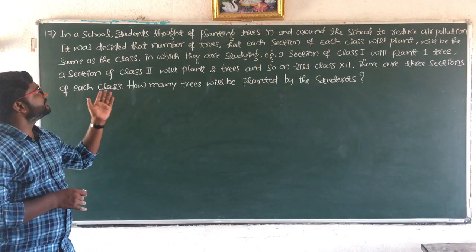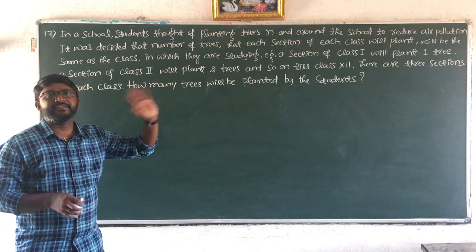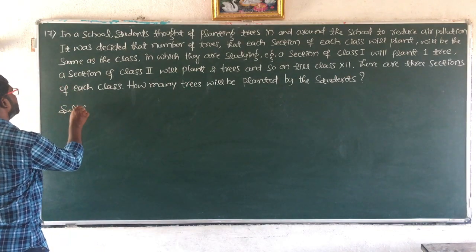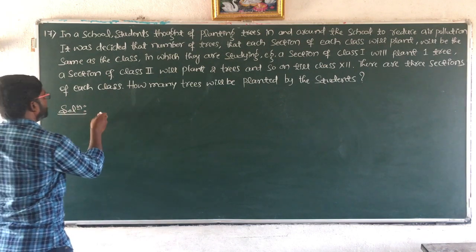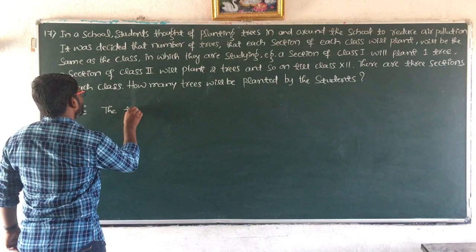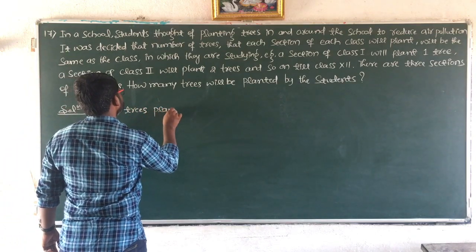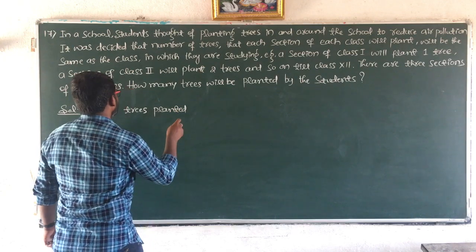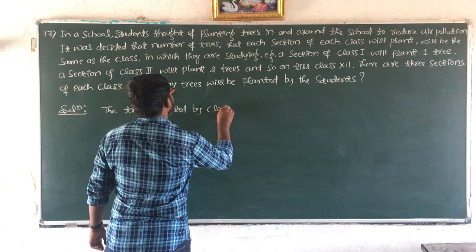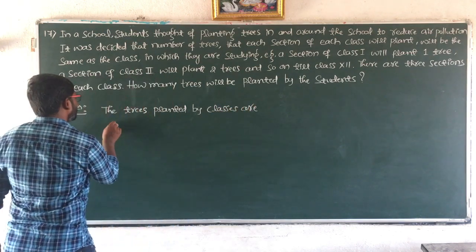So by seeing the question, it looks a little difficult, but the problem is very easy. So see here, we will solve this. So here, the trees planted by classes are as follows.